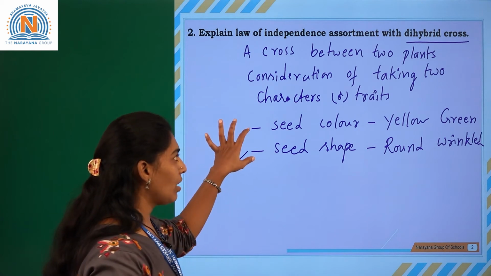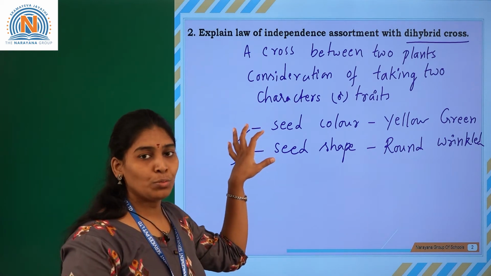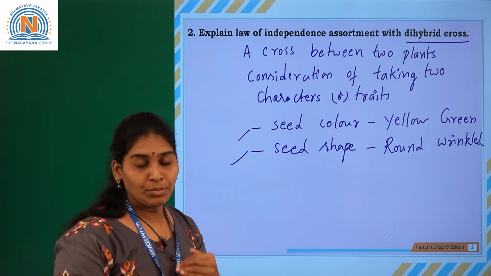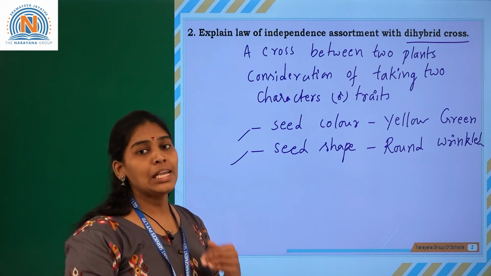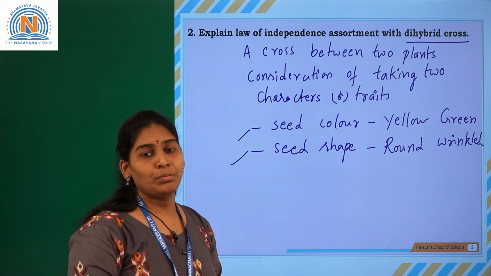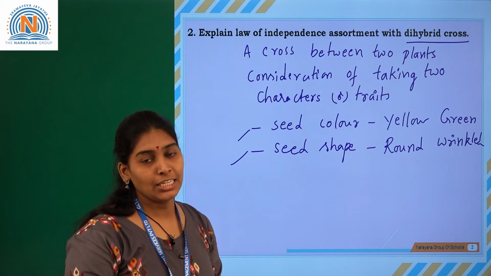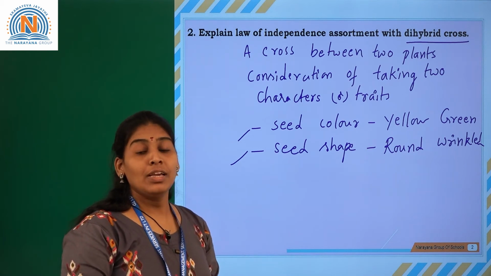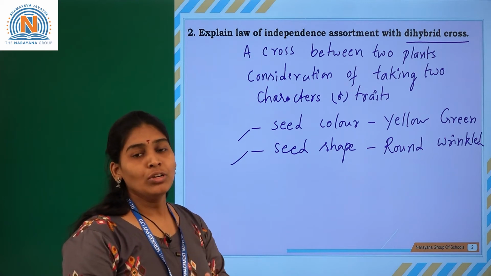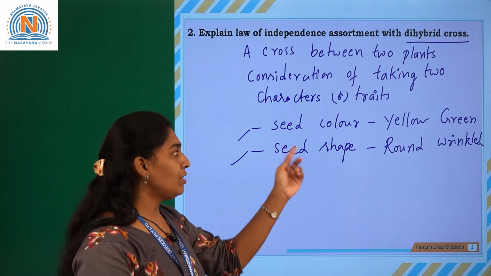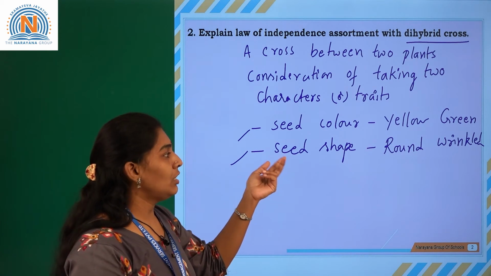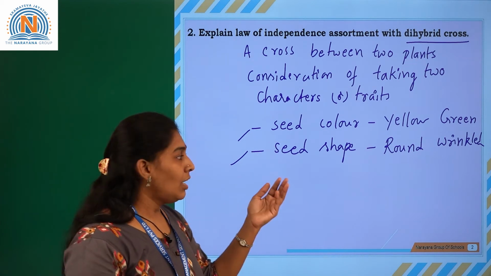Based on these two characters, we cross two plants. In the F2 generation, whatever characters we get will be independently assorted. This was proven by Mendel in his monastery, and he explained how variations pass from one generation to the next. By taking these two characters, Mendel did many experiments and obtained varieties of plants. Let us discuss that.